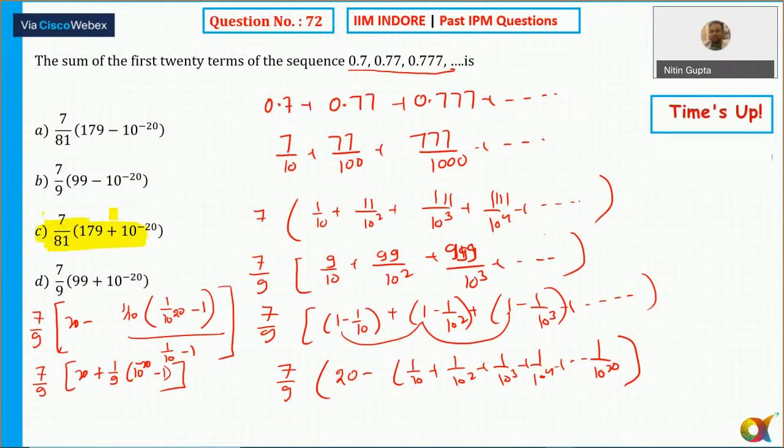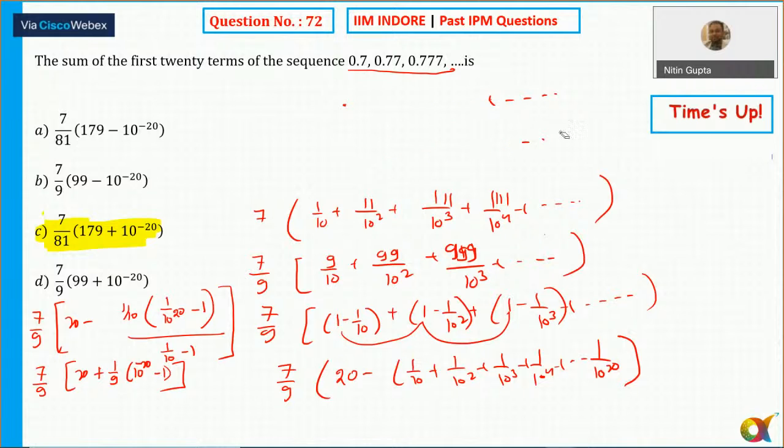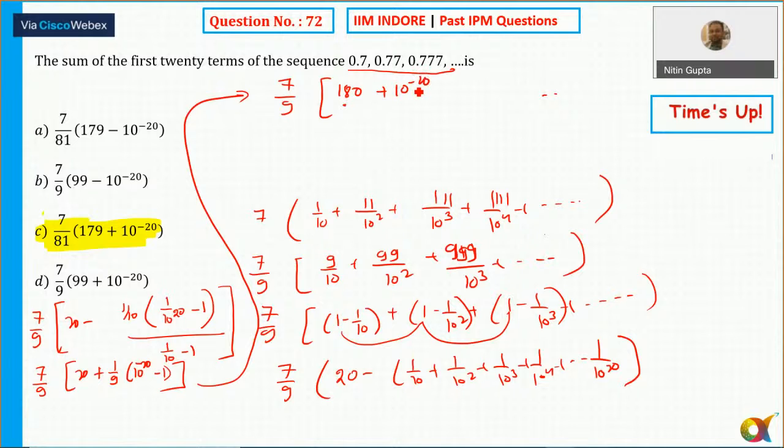You can take out 9 outside. Do you want me to do the entire calculation? Let me erase. So yes, the answer is C. So what will I get here after this step? 20 into 9, that's 180, plus 10 raised to power minus 20, okay, and minus 1 by 9.